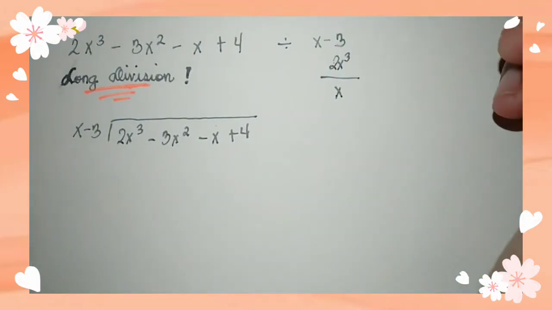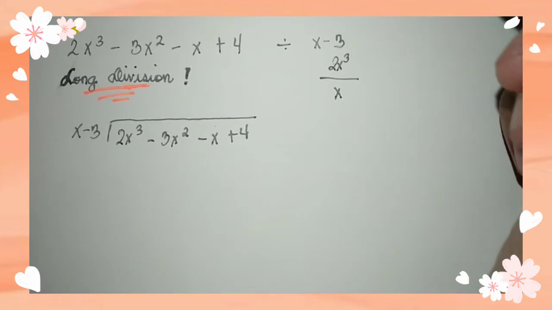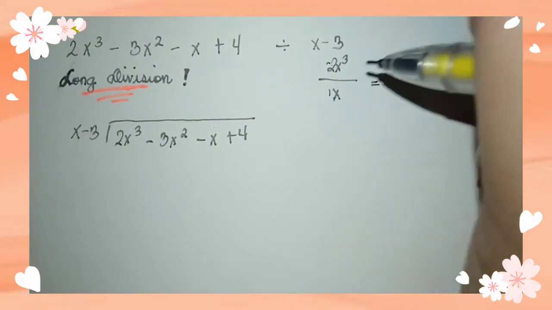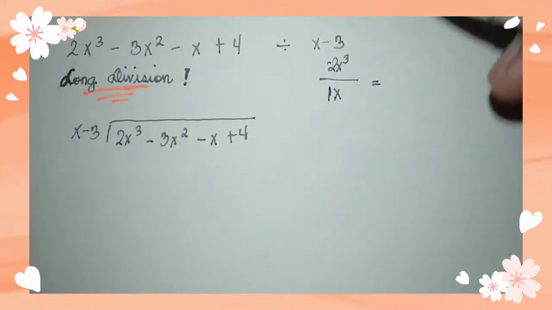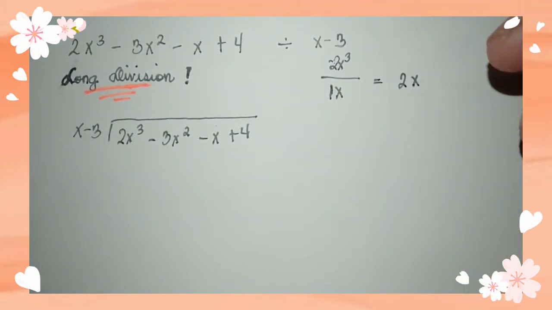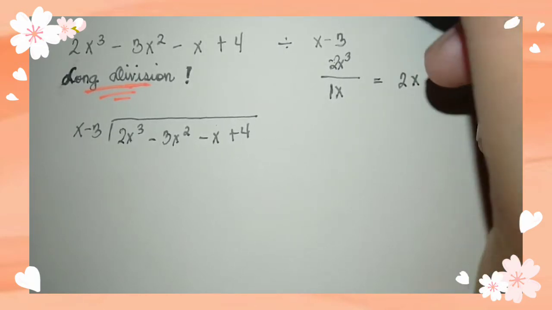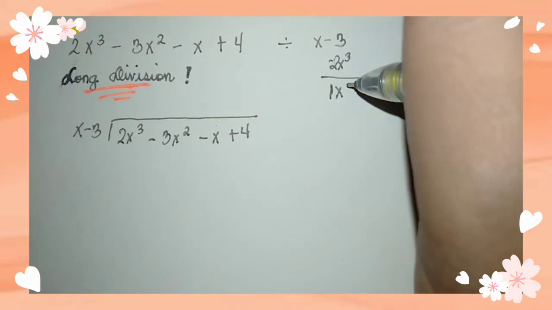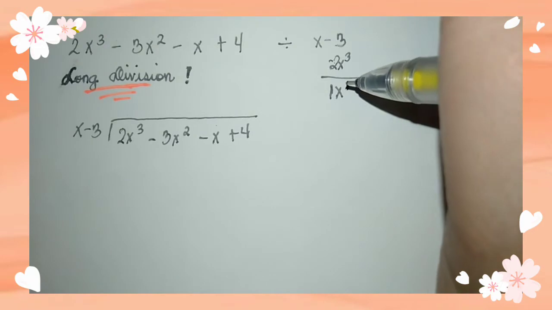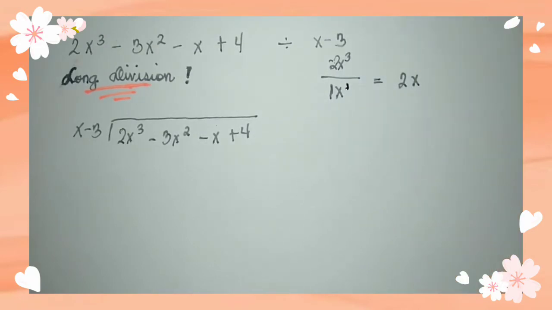And kailangan alam nyo din kung paano ba ang law of exponents. So, when we divide, we have 2 divided by 1, automatically may 1 dyan. So, we have 2 and then x. Kapag magdi-divide tayo ng variables na may exponent, you are just going to subtract 3 minus 1, since automatically may exponent tayo na 1 dito dahil wala naman siyang exponent na visible.